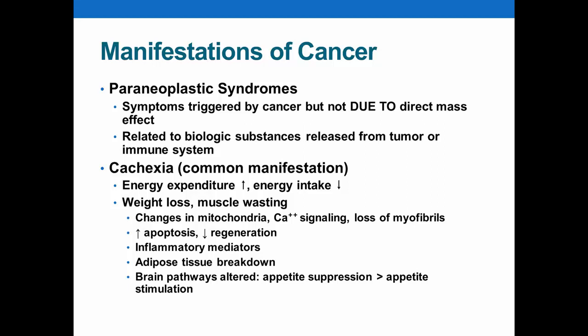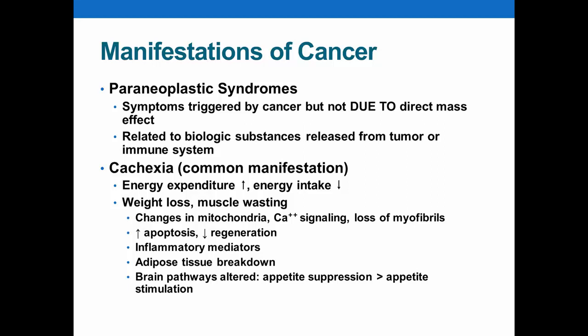So then how can we link what we know about the behaviors of cancer cells to how cancer manifests? And there are just some general things we'll talk about. First off is this idea of the paraneoplastic syndrome or syndromes. The concept here is that these are symptoms that are triggered by cancer, but they aren't due to the mass effect of the tumor itself.